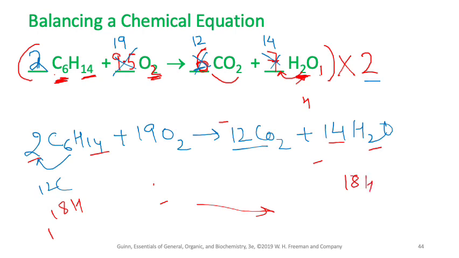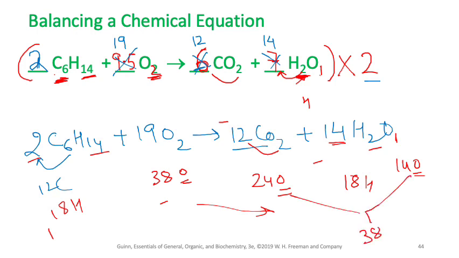Let's see how many oxygen you have in there, 38, right? And then how many oxygen on the product side: 2 times 12, 24 oxygen, and then 14 times 1, 14 oxygen. So a total of 38 oxygen.